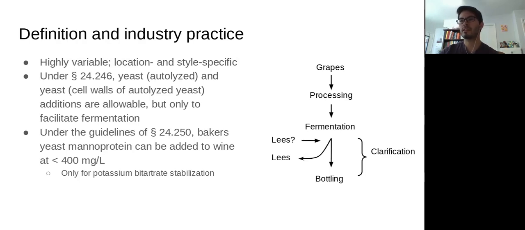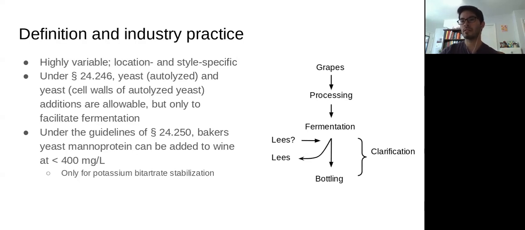More recently, baker's yeast mannoprotein has been allowed as a wine addition, but this is only for the purpose of bitartrate stabilization. So looking at this process flow chart, the impact of lees addition isn't really relevant in US winemaking currently. This will probably change eventually.